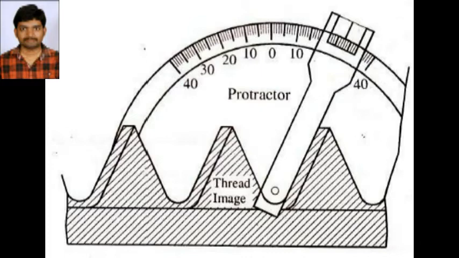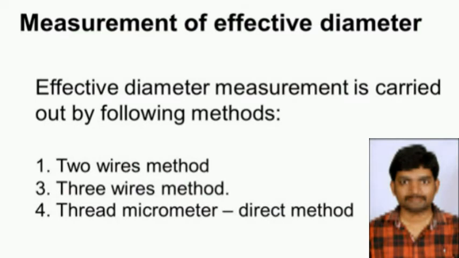Now we will move on to the topic measurement of effective diameter. In the previous class we learned about pitch measurement, and now we will move on to measurement of effective diameter. The effective diameter is measured by the following methods: the two wire method, the three wire method, and using a thread micrometer.